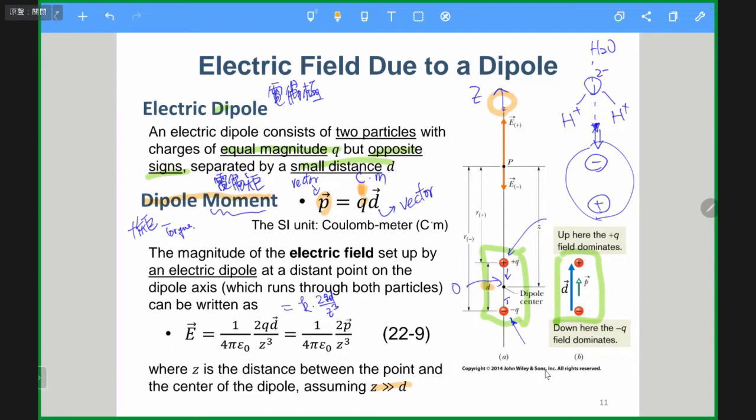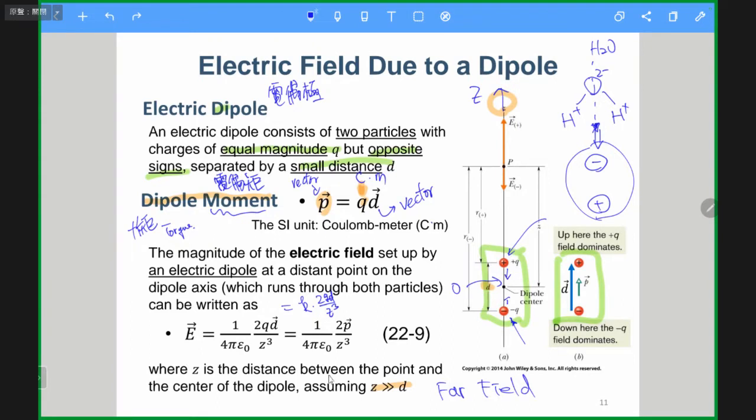So we can call this one the far field condition. When we talk about the E field near it, it might not be so easy to consider. So we add this far field condition, that Z is much larger than d, and then this expression will be an approximate solution, but accurate enough.